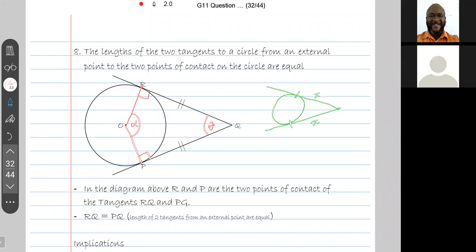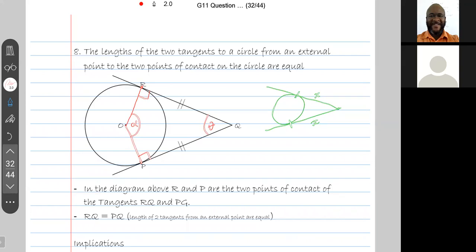And its simple reason is that the angles in a quadrilateral must add up to 360 degrees. So if the angle at R and the angle at P add up to 180, the angle at O and the angle at Q must also add up to 180.